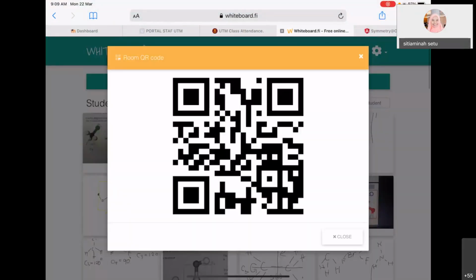You go to scan the QR code. You kena guna anything yang boleh touch screen. Okay. So scan, kemudian jawab activity tadi. Okay, boleh masuk semua?